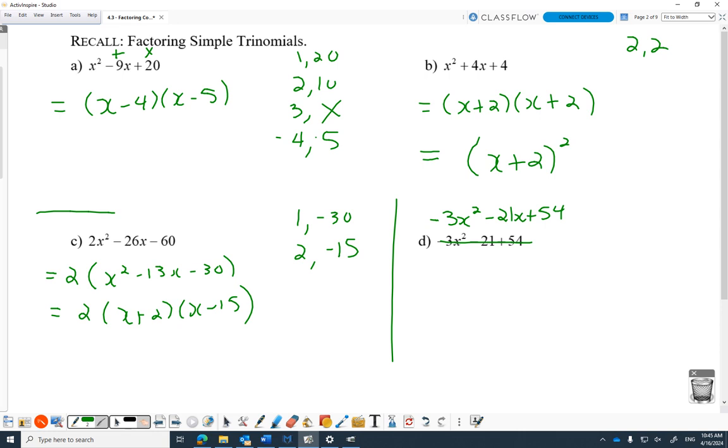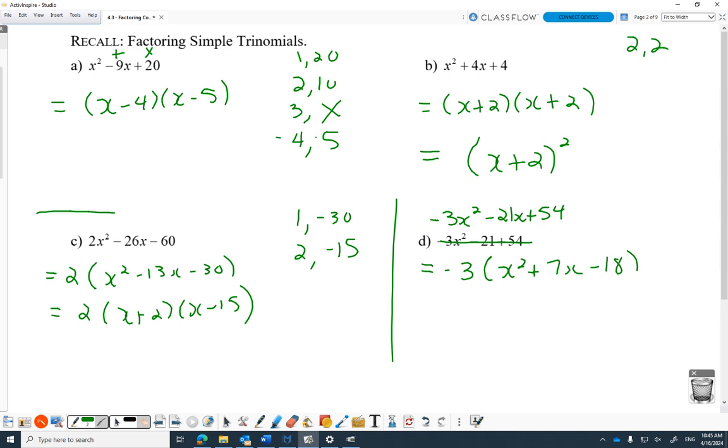What's the common factor here? -3. Can it be done by pulling the positive off? Yes, but it's messy. It's a disaster. You're not going to love it. Take the negative. Get rid of negativity in your life. Stay positive.